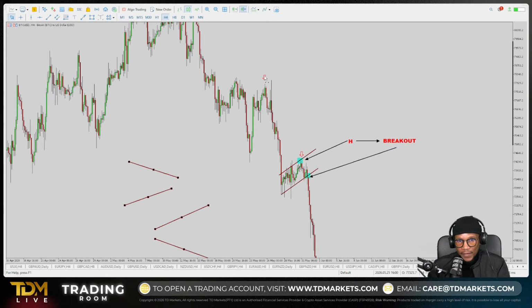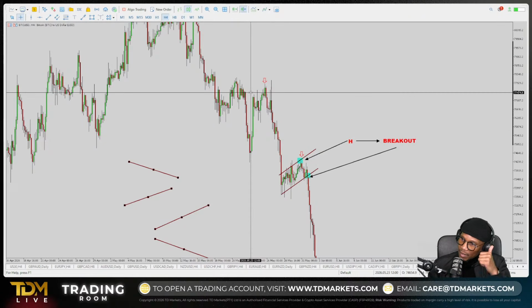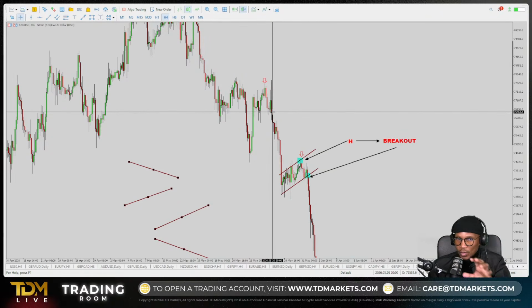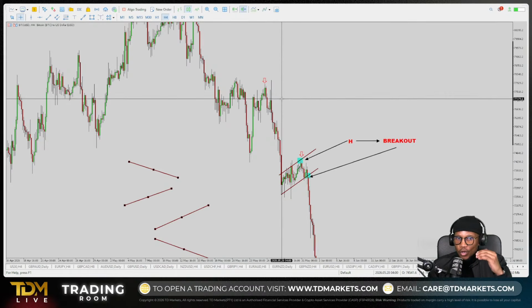But now if it's a correction and it doesn't create a pattern like this, then there are a few things we need to look for. We need to look for supply and demand, order blocks, Fibonacci, liquidity, all of those tools are going to assist us in understanding the highest probability, right?